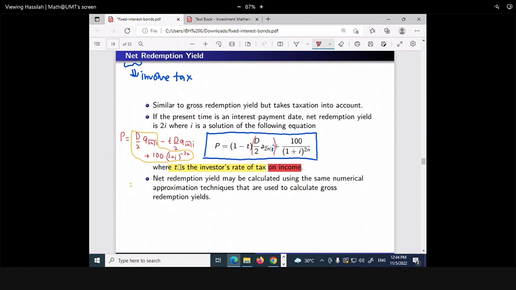It's your money. But the interest or the coupon D per 2 is your income. So the tax is charged on your income. That's why you only get taxed on your coupon. Can? Can, right? Okay. So like that.